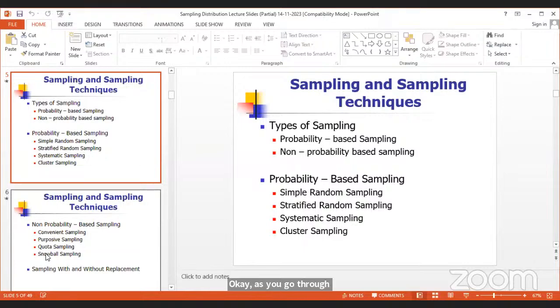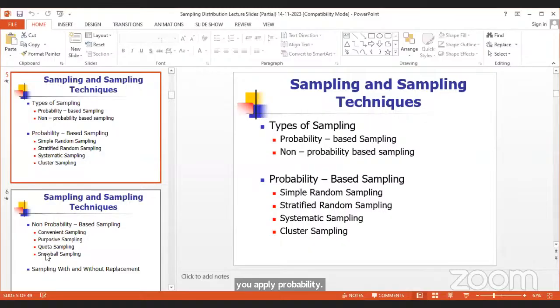Now, this procedure can be of 2 types. We have what we call probability sampling, and then we also have non-probability sampling. There are times that you do your selection in such a way that you apply randomness, you apply a chance mechanism, you apply probability in your selection.